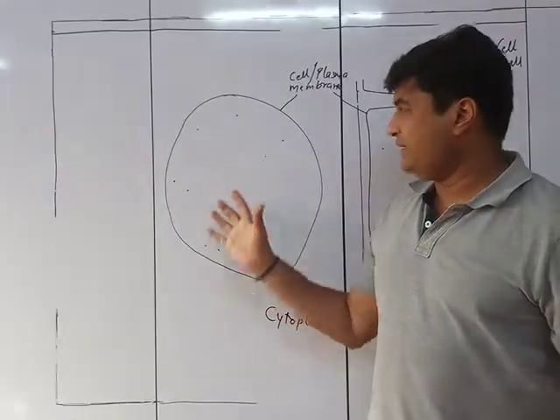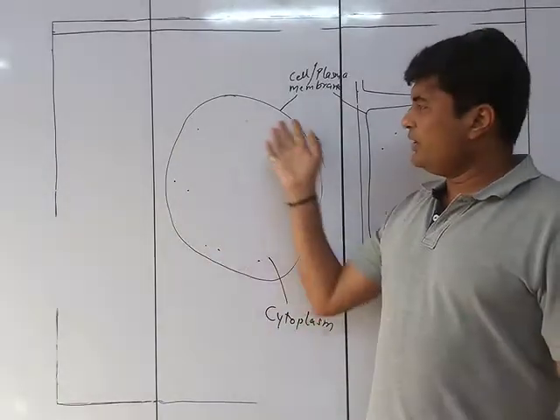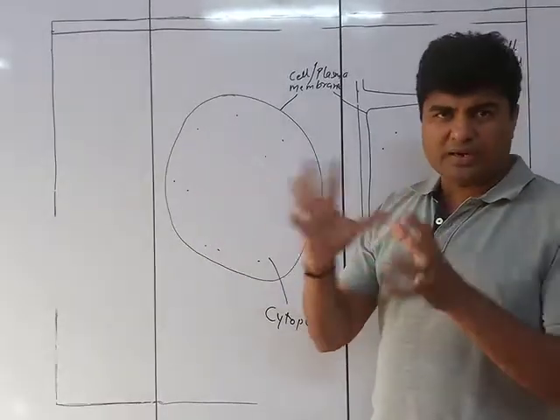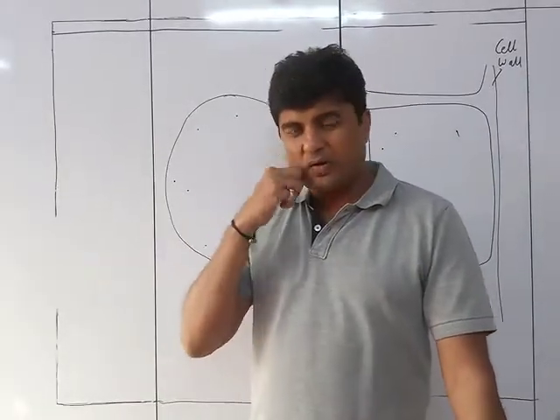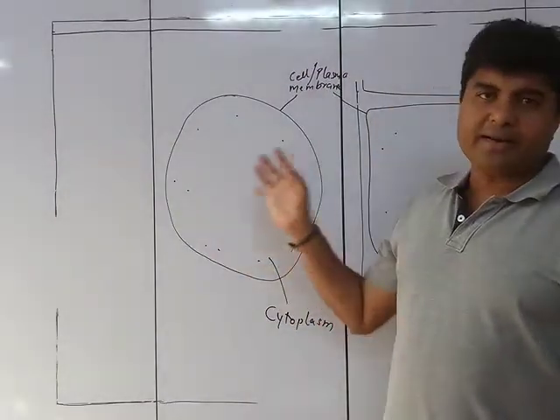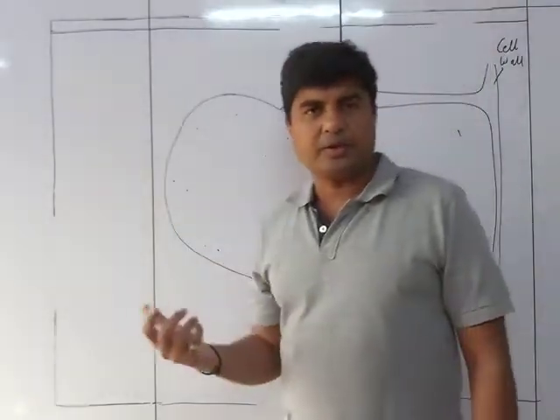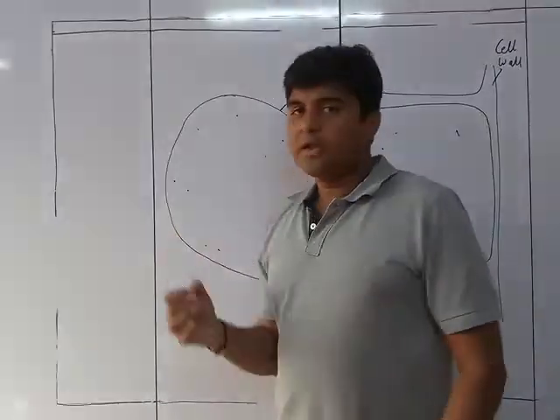So it contains some inorganic and organic material, some watery liquid fluid, and organelles which are present in this particular cell. All this combined gives you the cytoplasm.